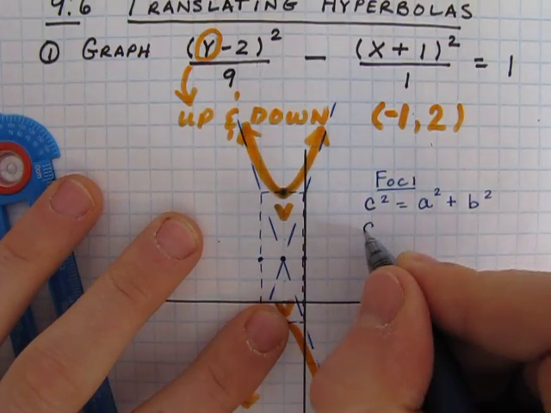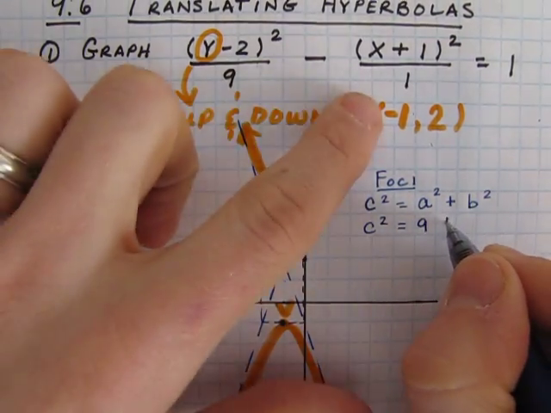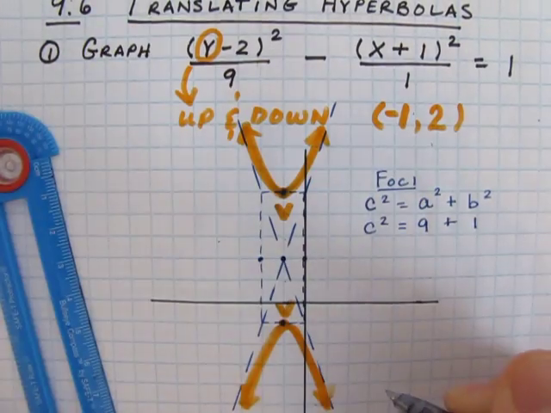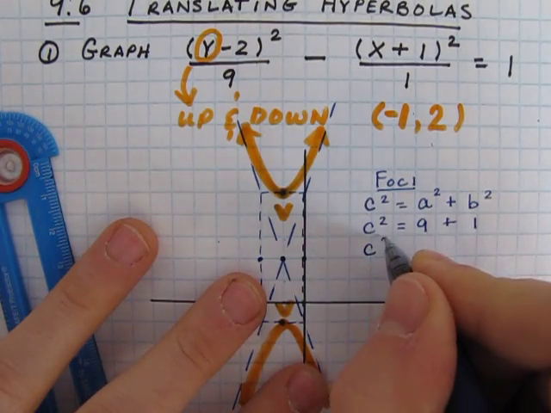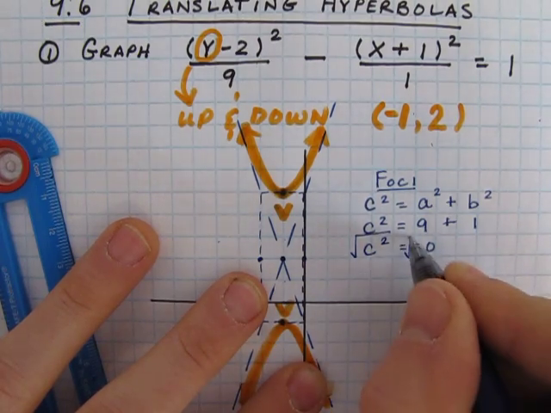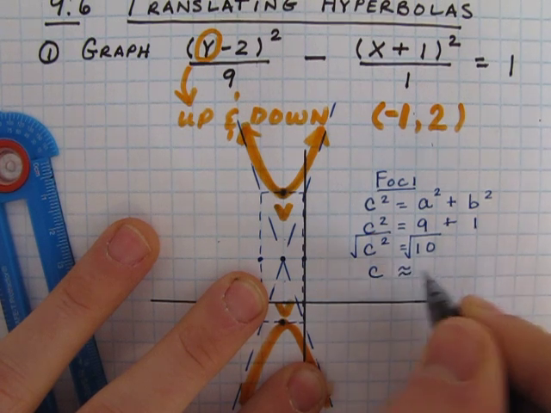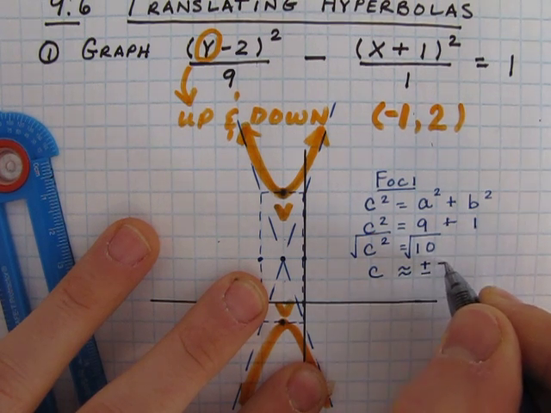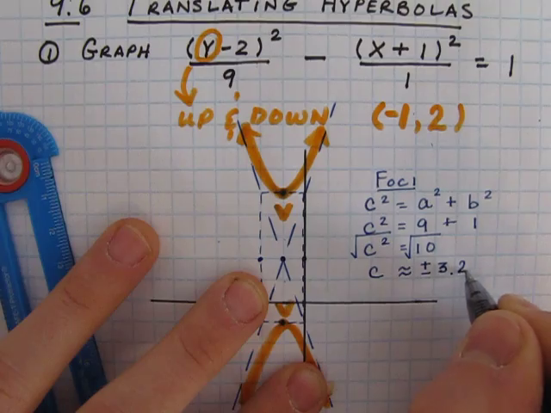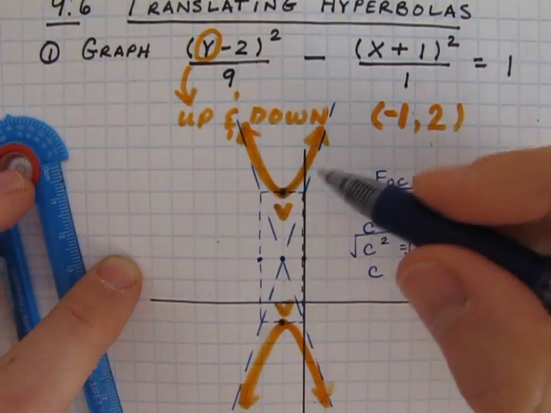So in this case, c squared will be equal to 9 plus 1. So c squared is equal to 10. Take the square root of both sides, and we get that c will be approximately plus or minus 3.2.